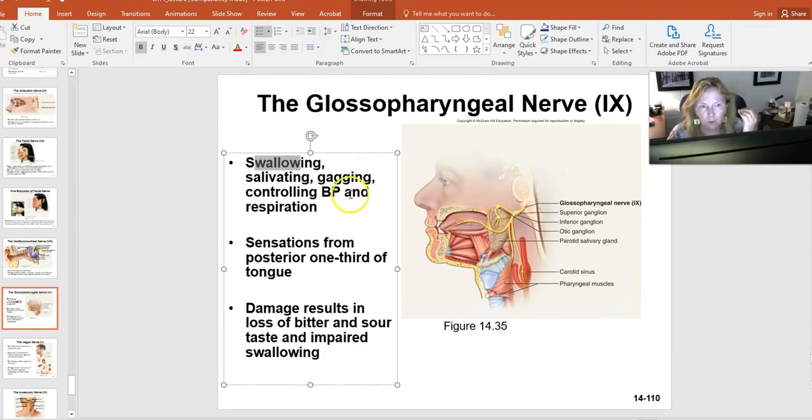It is also for swallowing, salivating, and even controlling blood pressure and respiration. If you note, this nerve is coming from the medulla. And I had told you that the medulla and pons are for blood pressure, cardiovascular, and respiration.